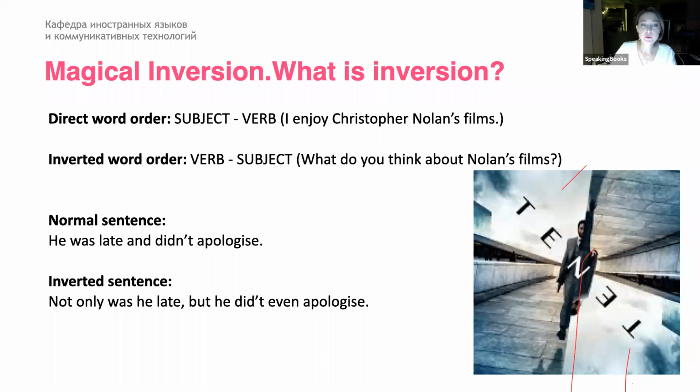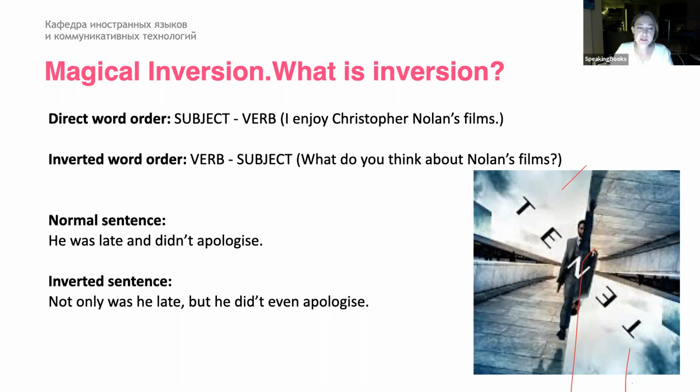Sometimes we put the verb, however, before the subject for one reason, to change the sentence and the way it sounds. Look at the example at the very bottom of the slide. Not only was he late, but he didn't even apologize. Not only was he late.